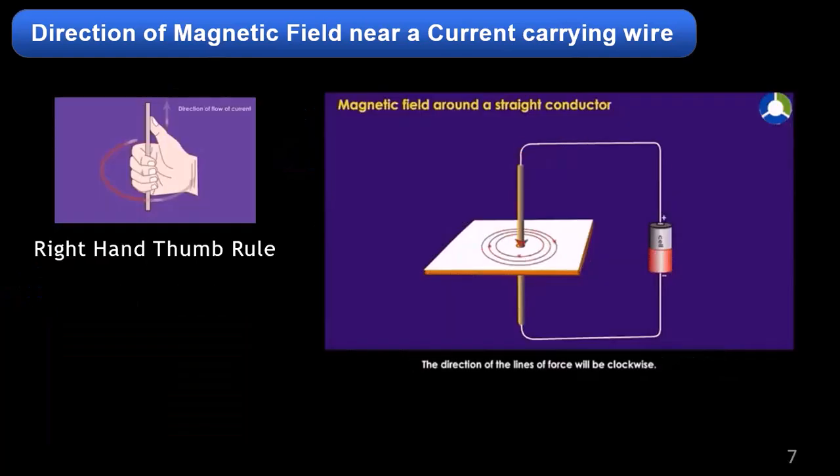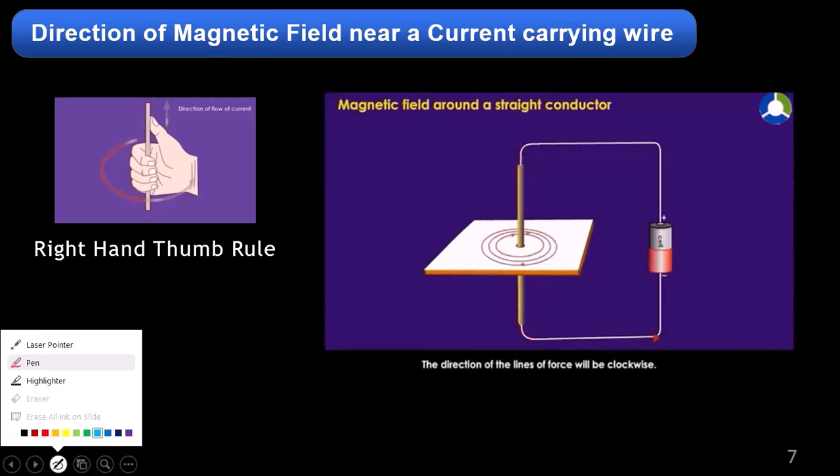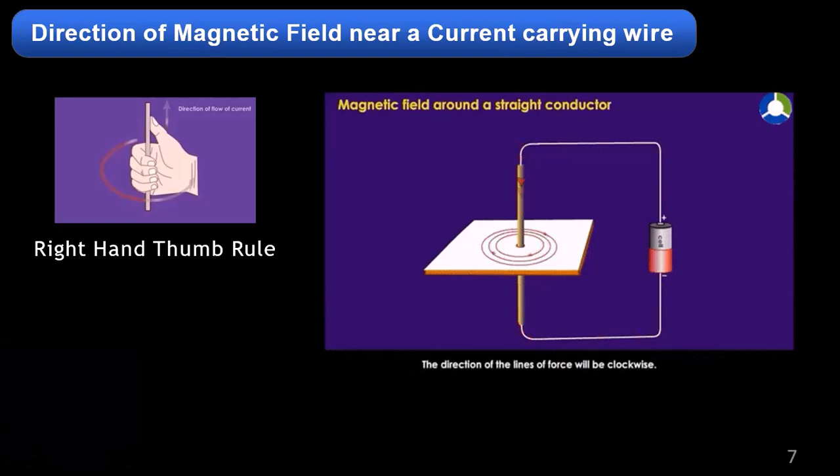But for a straight wire, the situation is different. Let us say this is the positive end of the battery and this is the negative end. So the current is flowing in this direction, coming down through this wire. Now for a wire, instead of curling the fingers, I have to place my thumb along the I direction. Then if I curl my fingers, the downward thumb gives a curling sense like this.